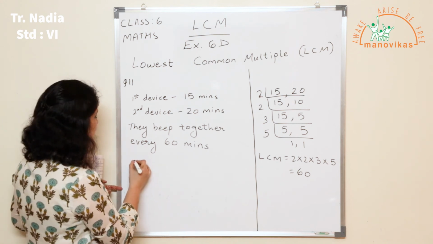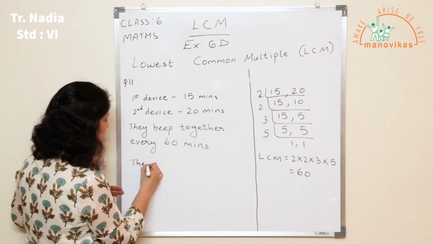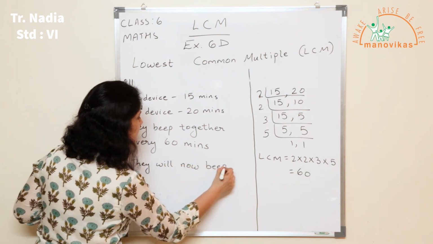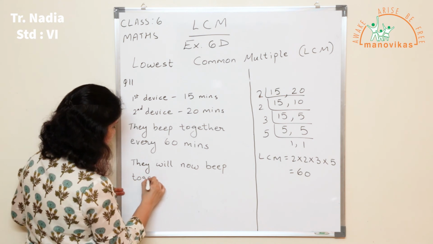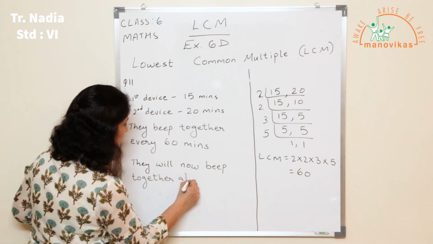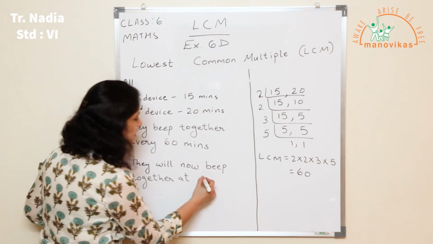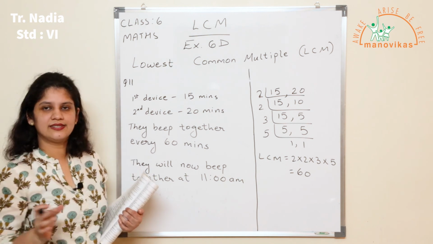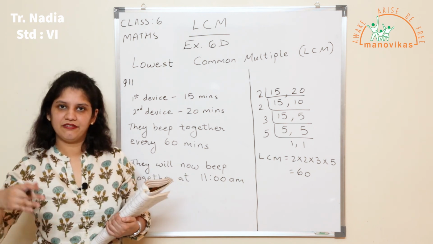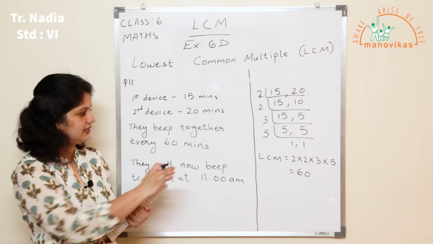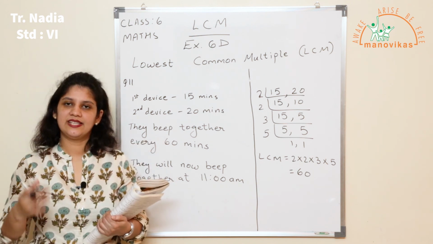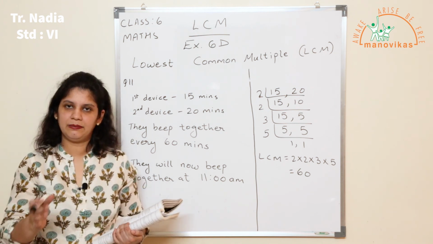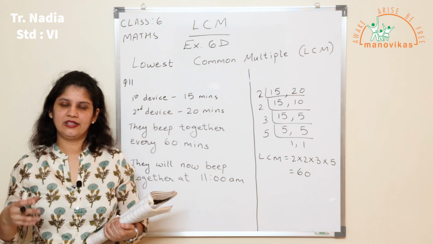So if they beep together at 10 a.m., they will now beep together at 60 minutes after 10 a.m., which means 11 a.m. Okay, because these two devices beep together after every 60 minutes. 60 is their LCM. That is why we say after every 60 minutes they will beep together. So last if they beeped at 10, next they will beep at 11. Next they will beep at 12 and so on.